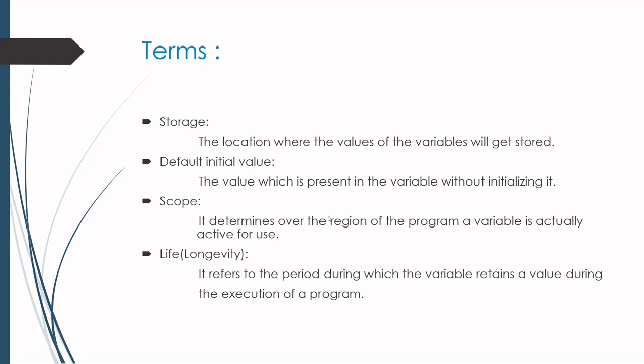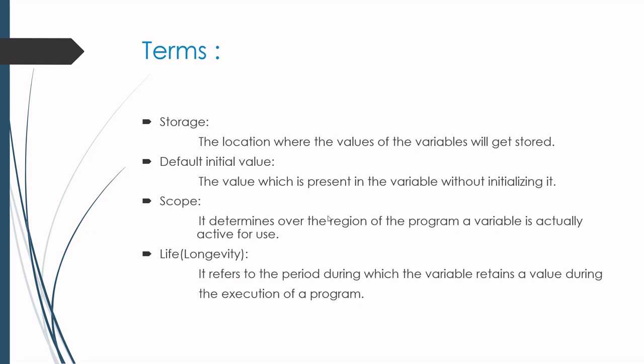The next one is the life. Life can otherwise be called longevity. Here it refers to the period during which the variable retains a value during the execution of a program. For example, if I am assigning A is equal to 6, I can access that value within that function, or I can access that value throughout the execution of the program.